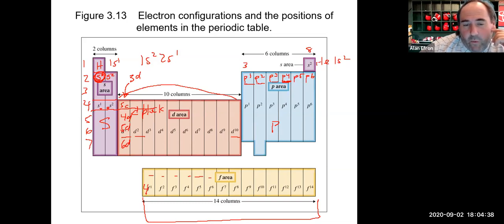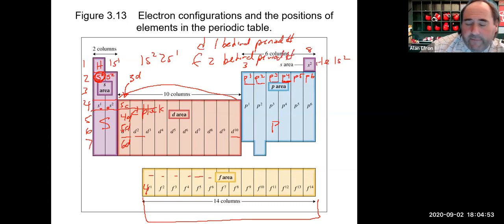So the D's are 1 behind the period number, and the F's are actually 2 behind the period number. I personally would probably not count it off the periodic table unless you really know what you're doing. I would probably use the zigzag thing, and you'd probably be in pretty good shape, because if you really are not sure, you will get into some trouble.